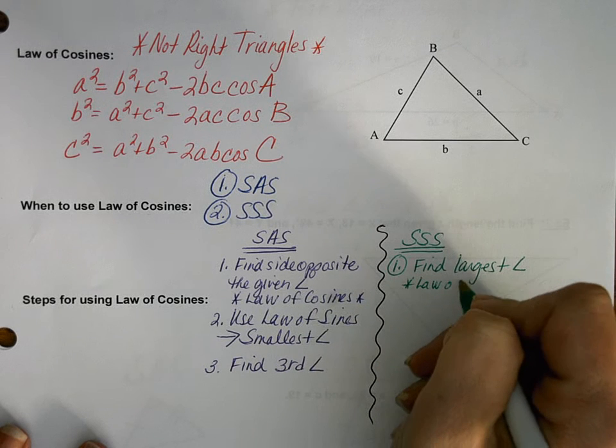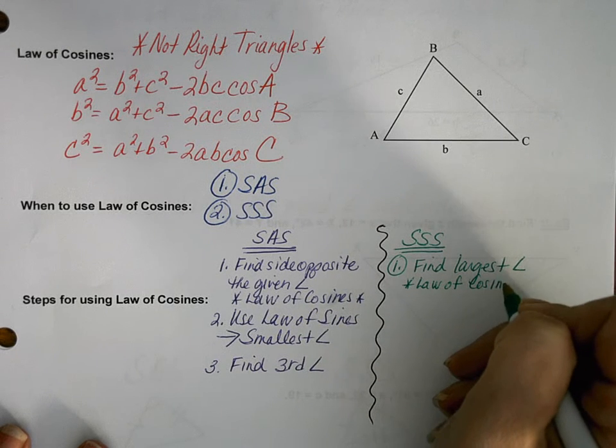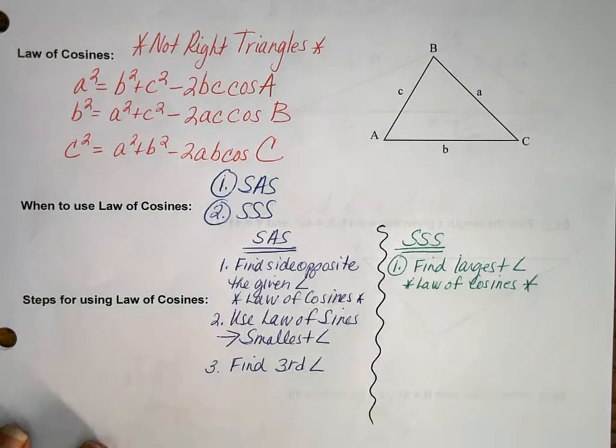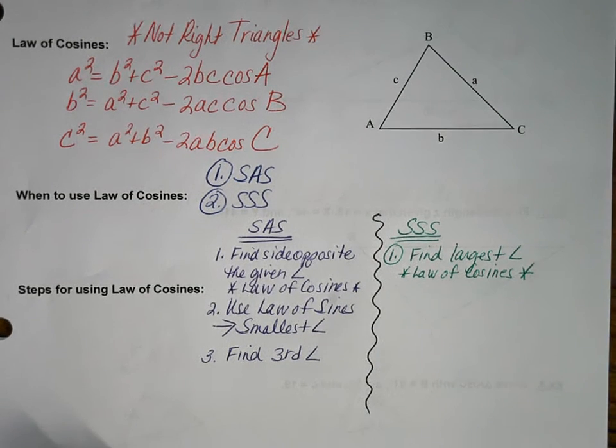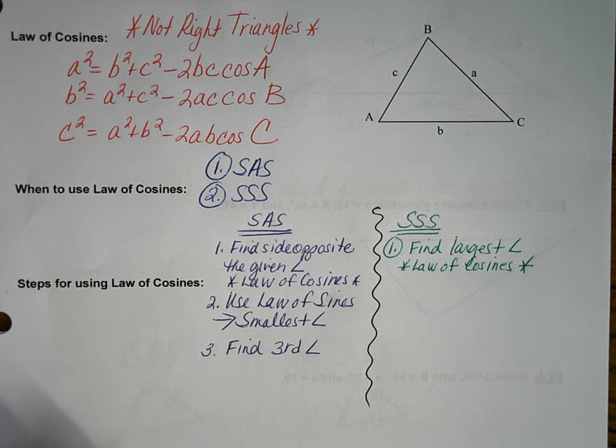The law of cosines will find an angle that's obtuse. It's a little bit magical. So if it's the largest angle, it's going to find that angle if it's obtuse or if it's acute.